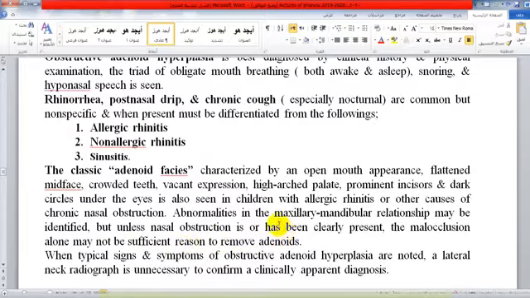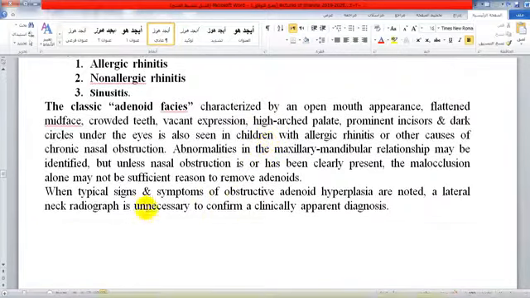The malocclusion that we sometimes see in children is not always due to the adenoids, so we should not automatically remove the adenoids by adenoidectomy. When typical signs and symptoms of obstructive adenoid hyperplasia are noted, a lateral neck radiograph is unnecessary to confirm a clinically apparent diagnosis.